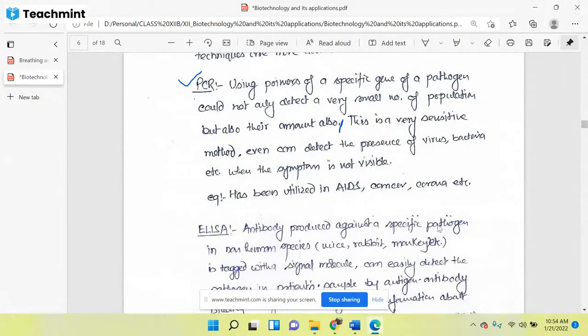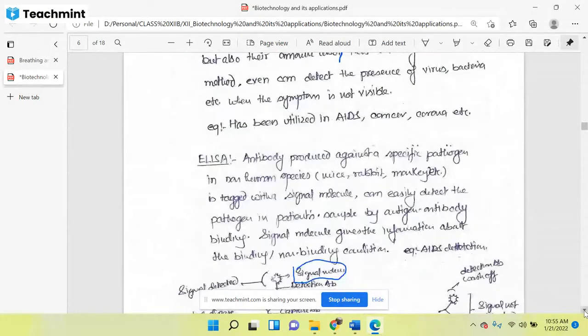So in case of ELISA, we are using antibody, and in case of PCR, we are using nucleic acid. So PCR is based on the nucleic acid molecule, and ELISA is based on the antibody and antigen interaction mechanism. So you will have to remember that ELISA is mainly based on the antigen and antibody reaction. Okay.